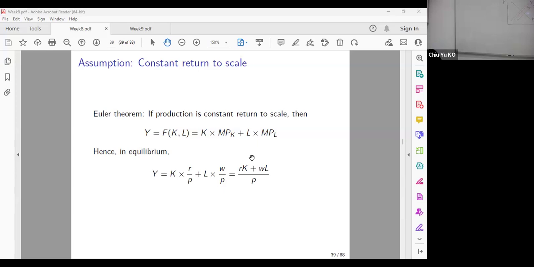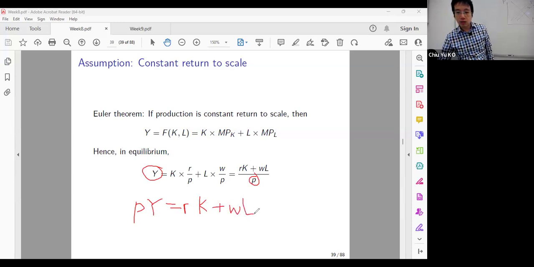So if I have Y here and P here, then P times Y, the total money value of GDP, is equal to capital times the rental rate plus labor times the wage rate.